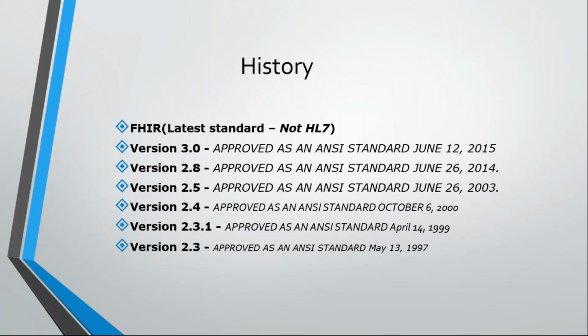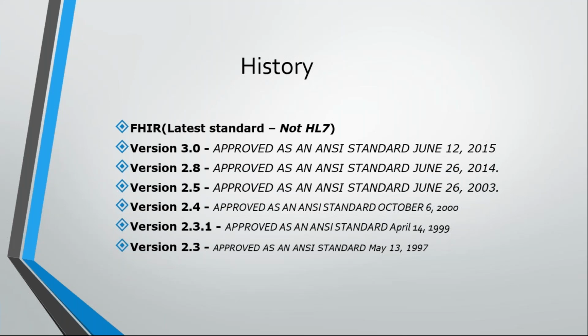So FHIR, I mean, it has a history. Sorry, we'll be taking a look at HL7 first, and then we'll understand about FHIR. HL7 started back in the 1980s, and it was given a good form in 1997.